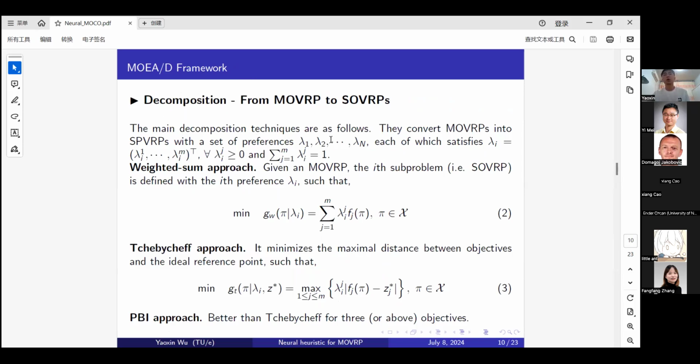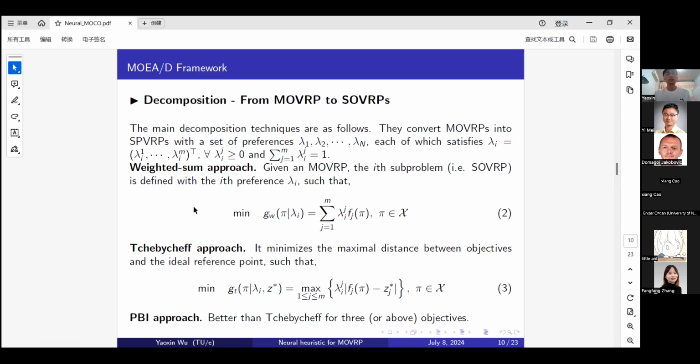It means we transform the multi-objective vehicle routing problem into a group of single objective vehicle routing problems. And here are some different approaches to realize this transformation.